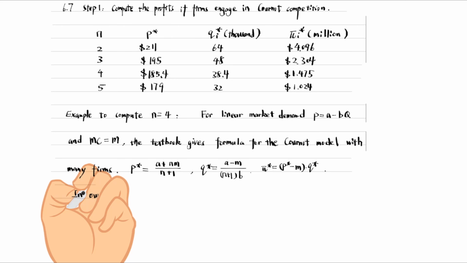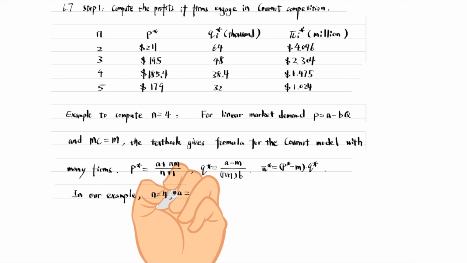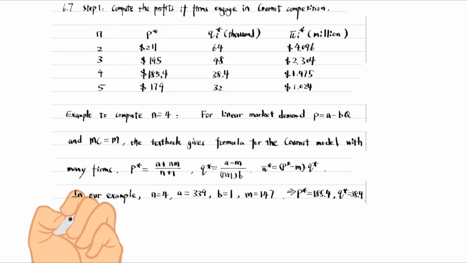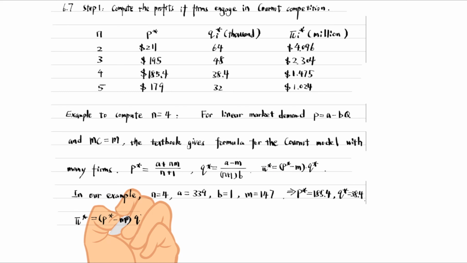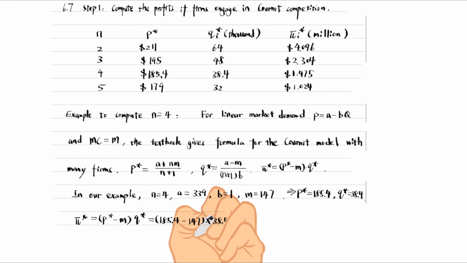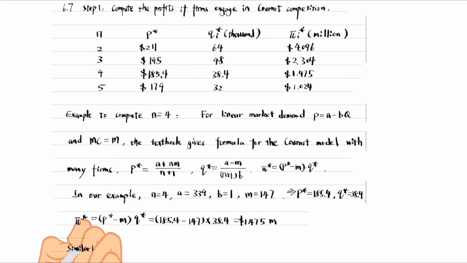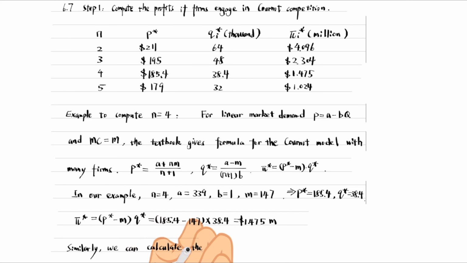In our example, n equals 4, A equals 339, B equals 1, and M equals 147. Substituting all the values into the formula, we obtain the equilibrium price, each firm's output, and profit. Similarly, we can calculate the profits for other values of n.